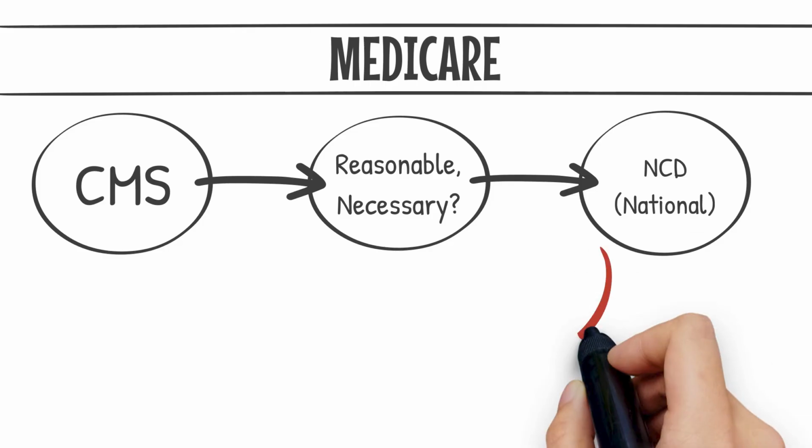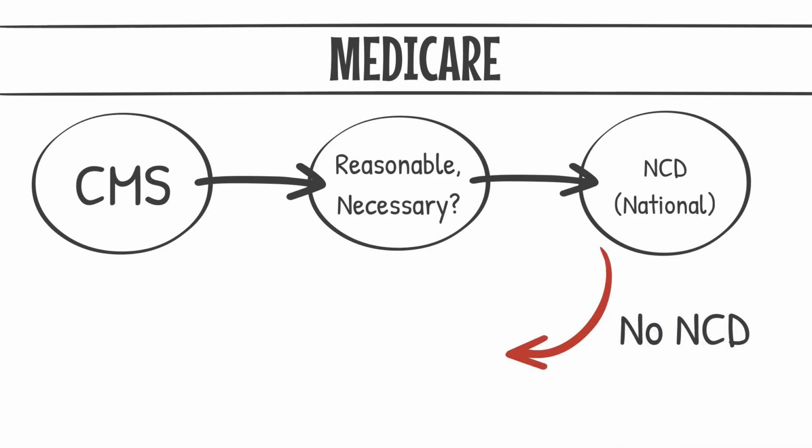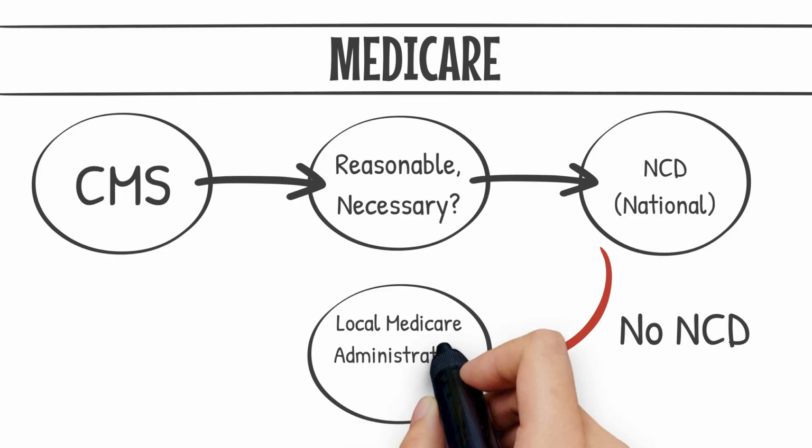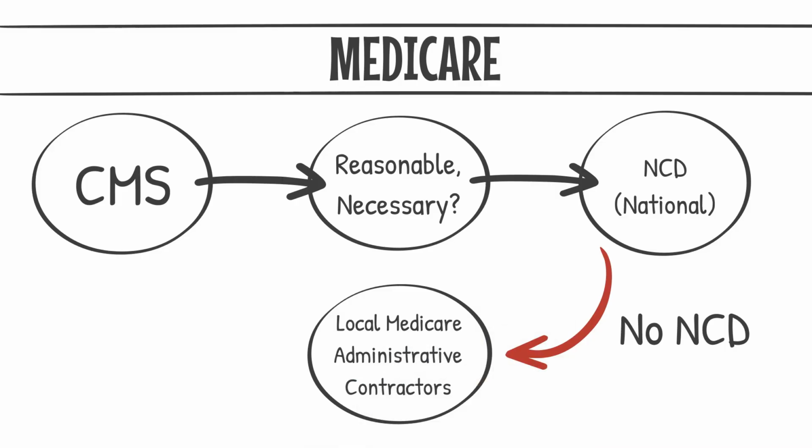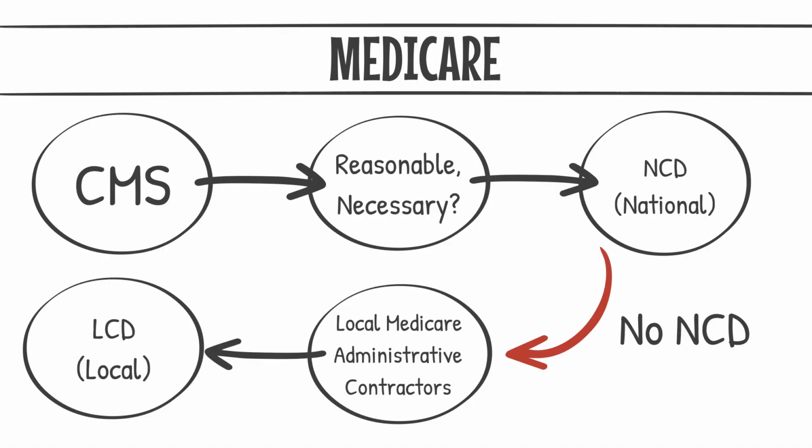But if there's no NCD in place, which is actually pretty common, then the decision falls to local Medicare administrative contractors, or MACs. These contractors issue what's called a local coverage determination, or an LCD, which outlines whether and under what conditions a device is covered in their region.